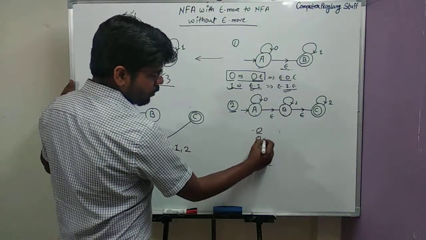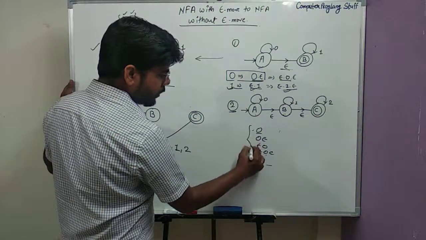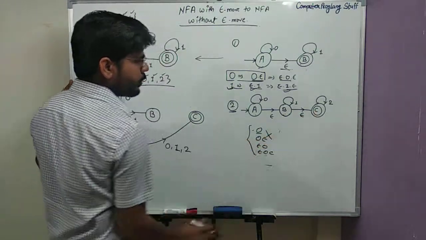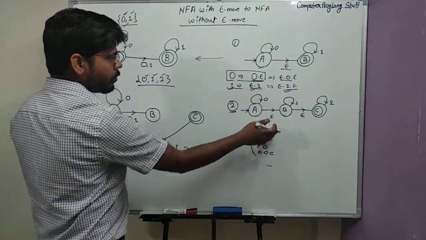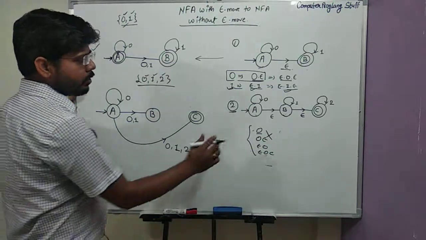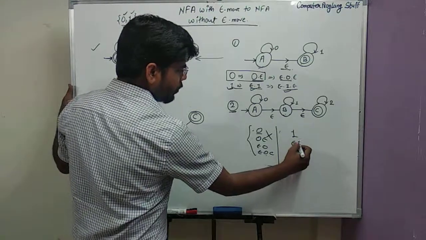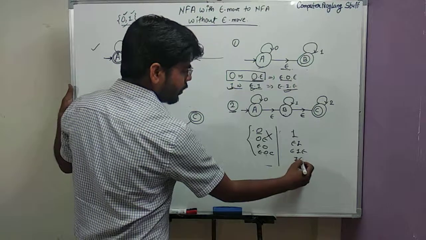So 0, 0 epsilon, epsilon 0, epsilon 0 epsilon, all these cases will not happen from state B to C, and there is no transition from B to A. So in this case also it does not happen. Now looking for 1, that is 1 epsilon, epsilon 1, epsilon 1 epsilon.